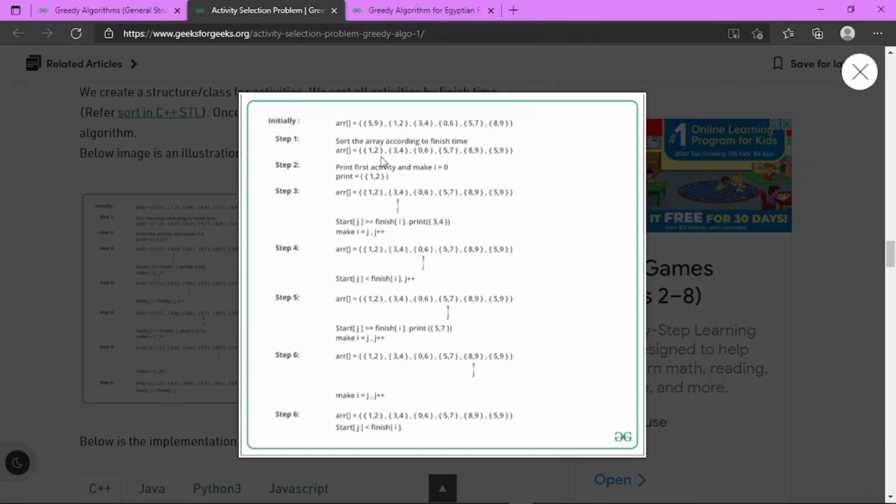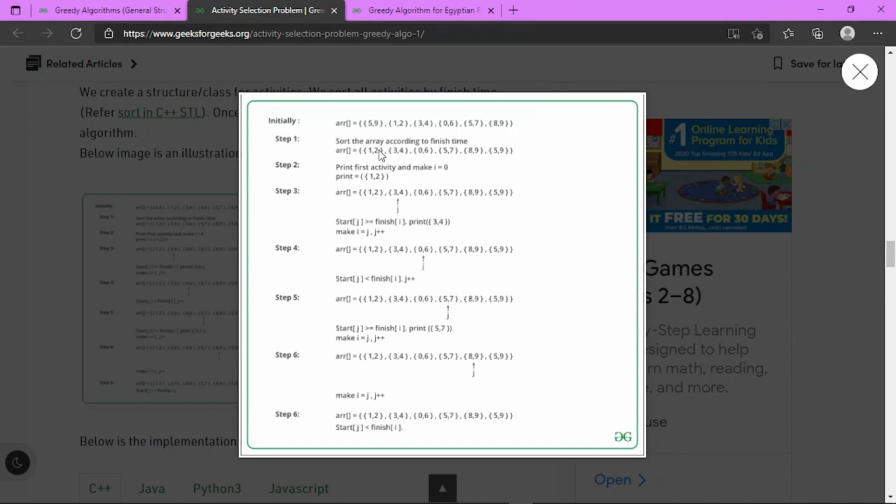Then just sort and print the first sub array. The array of arrays is given, so the first sub array we just print. Now, while traversing the other sub arrays, we check whether the start time is greater than or equal to the previous finishing time.